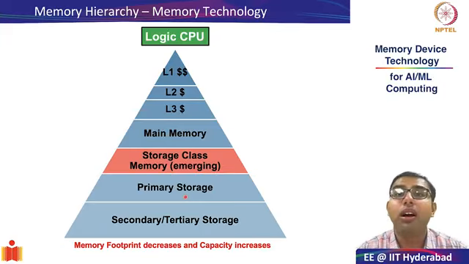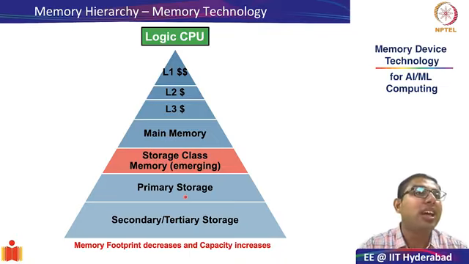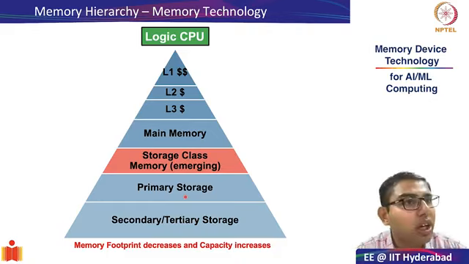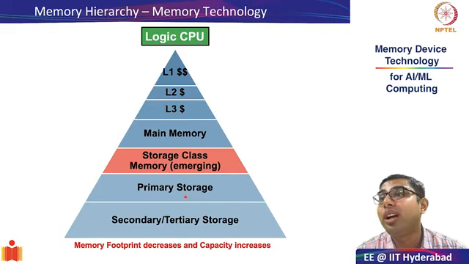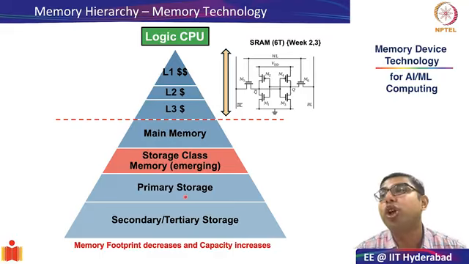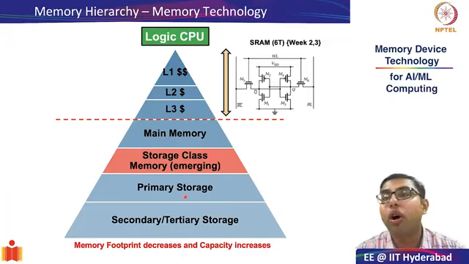So the final thing that we would like to discuss is what are the different storage, the individual memory or storage cells that are employed in different parts of the memory hierarchy, and this will be a good way to conclude our first module. So as we know, L1, L2 and L3 caches consist of 6 transistor based SRAM cells. The details of SRAM cells we will look at very closely in the second half of week 2 and also week 3.